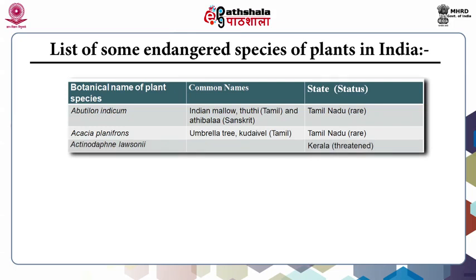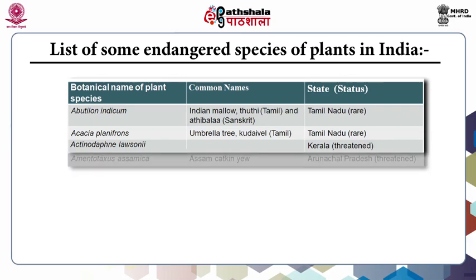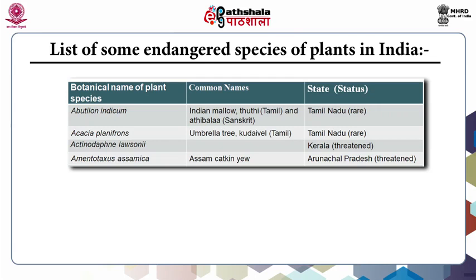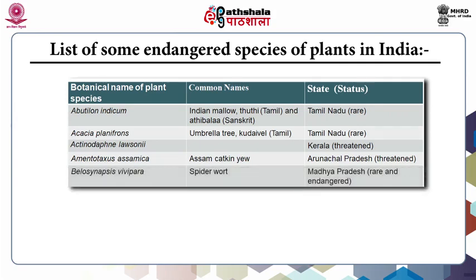Then Actinodaphne lasoni, found in Kerala state, its status is threatened. Then Assam catkin yew, found in Arunachal Pradesh, its status is also threatened. Then spider wort, found in Madhya Pradesh, its status is rare and endangered.